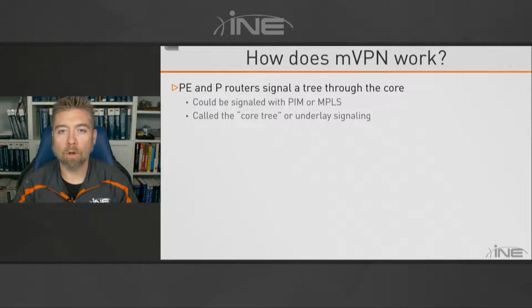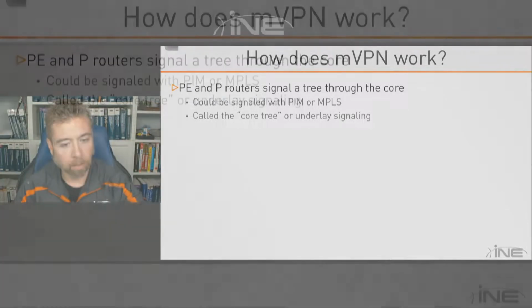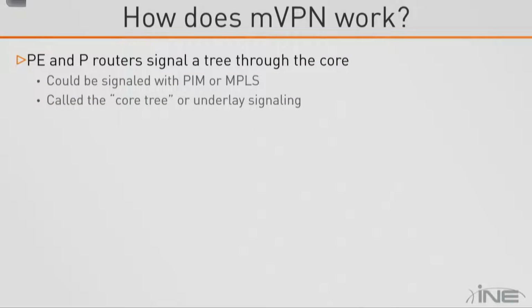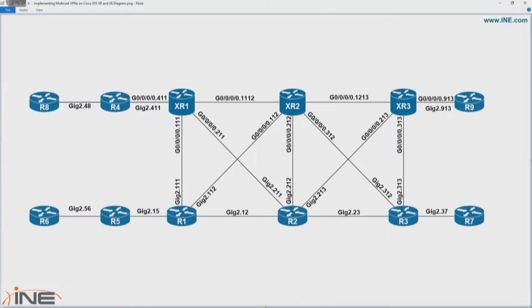It could be multipoint LDP, which is not necessarily a new protocol, but is the new introduction for it in this section, because in unicast routing you don't need to run mLDP. mLDP is just for multicast. But this is going to be our first portion, that the network underneath the customer is going to have to be running some sort of signaling.